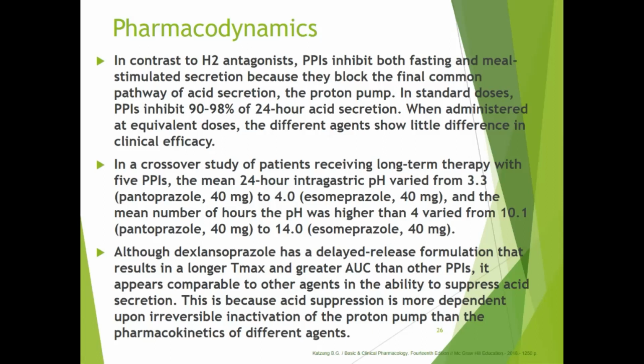When administered in equivalent doses, the different agents show little difference in clinical efficacy. In a crossover study of patients who received long-term therapy with proton pump inhibitors, the mean 24-hour intragastric pH varied from 3.3 with pantoprazole to higher values with esomeprazole, and the mean number of hours the pH was higher than 4 varied from 10 with pantoprazole to 14 with esomeprazole.